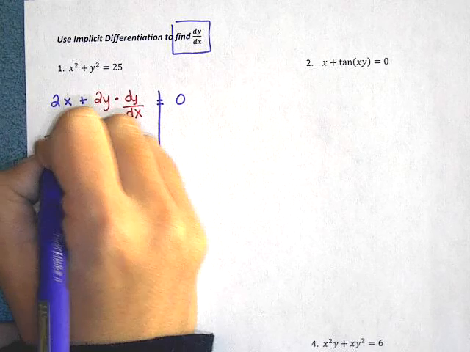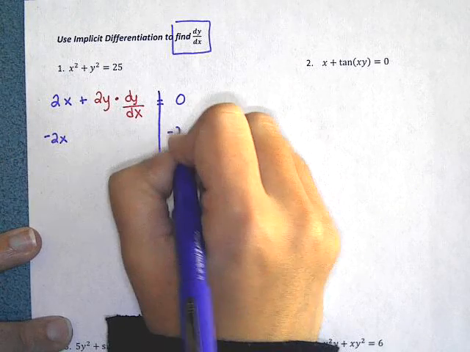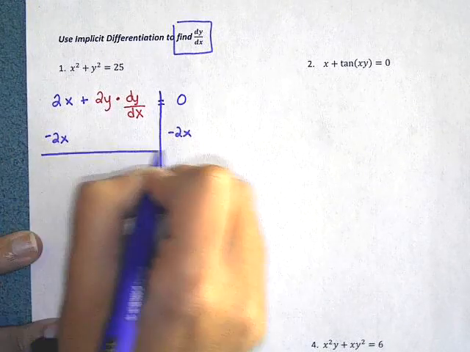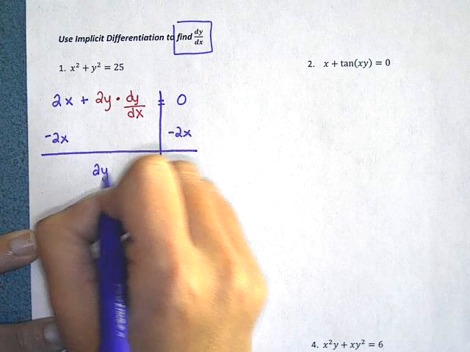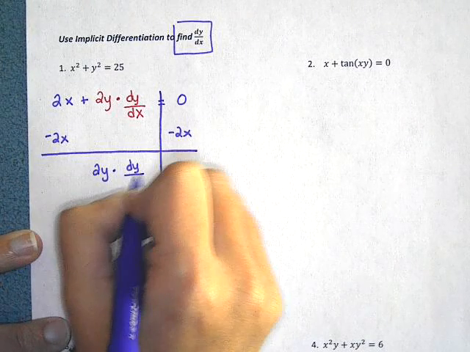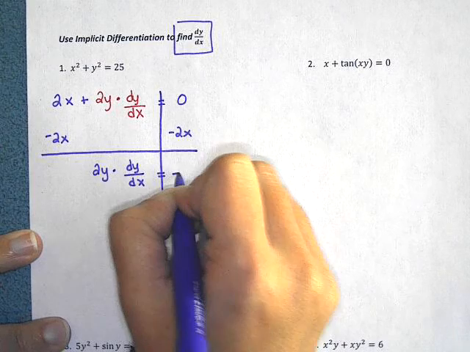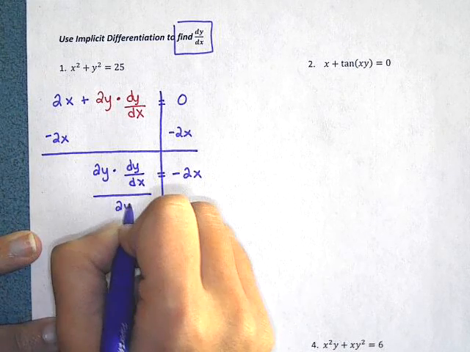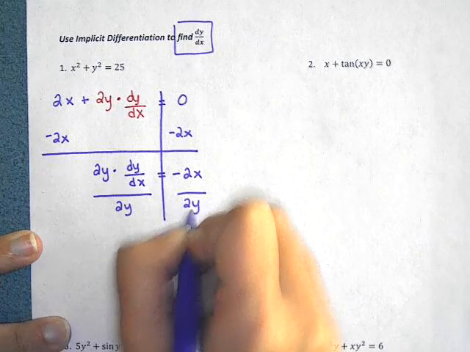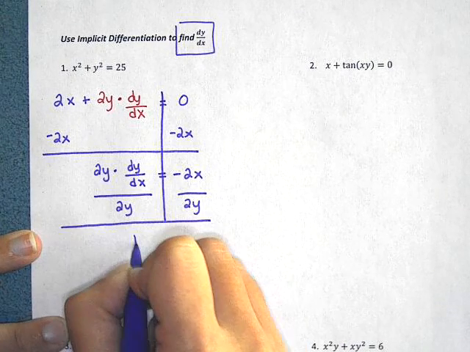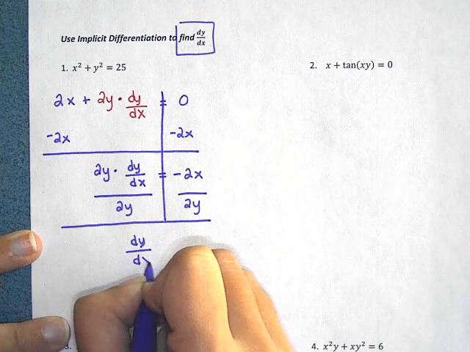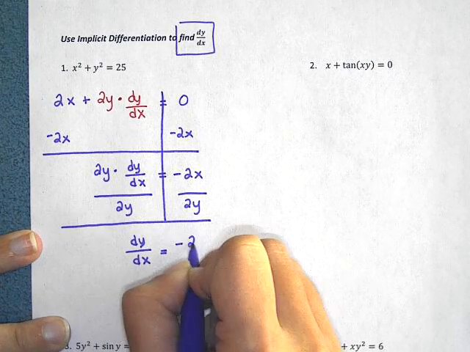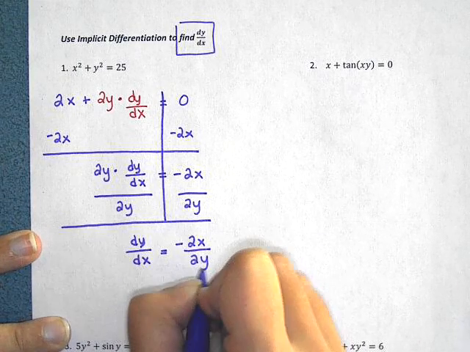First, we would subtract the 2x on both sides, which means we would have 2y times dy over dx equals negative 2x. Then we would divide by 2y on both sides. So we would get dy over dx equals negative 2x divided by 2y.